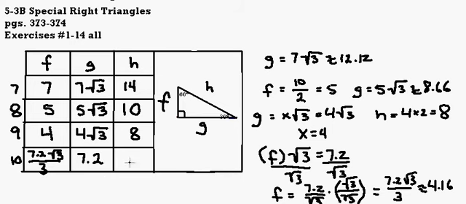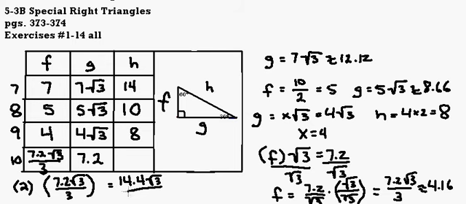Okay? And to find h then, I simply double that. So I would go 2 times 7.2 square root of 3 over 3. So 2 times 7.2 is 14.4. So my answer here in exact form would be 14.4 square root of 3 over 3.